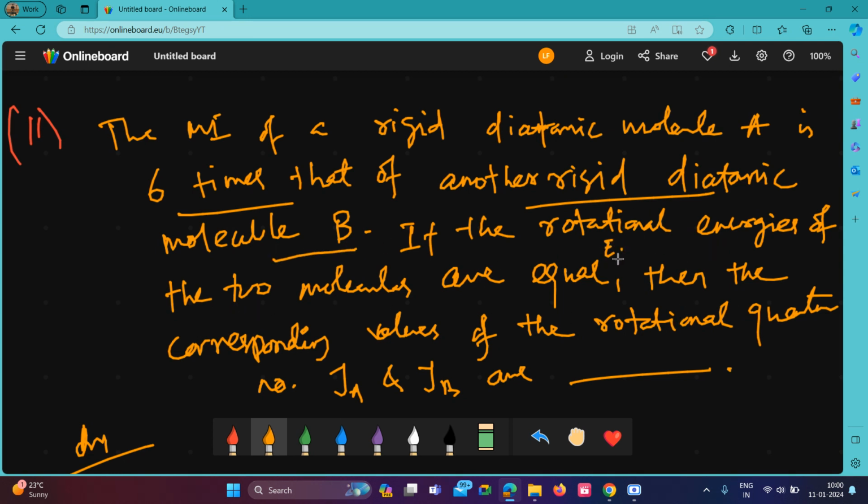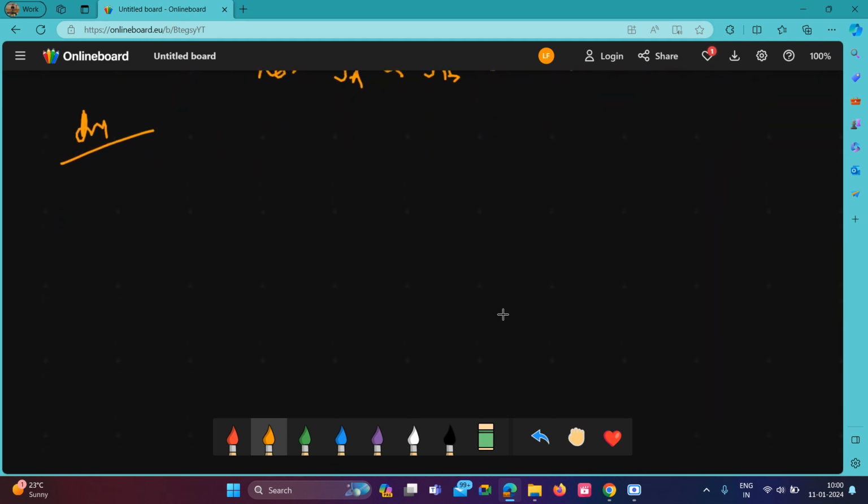The moment of inertia of A is 6 times that of B. Corresponding values of the rotational quantum number?